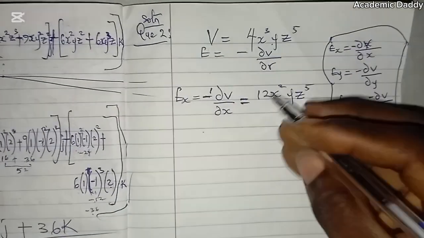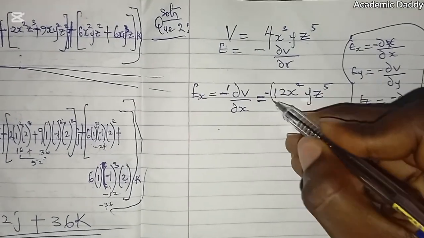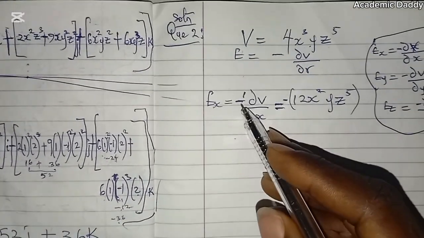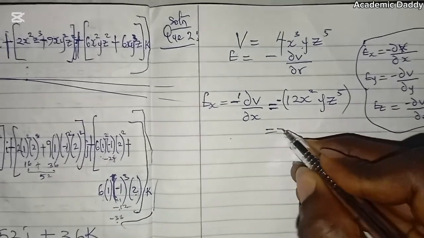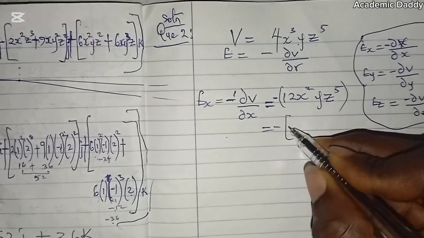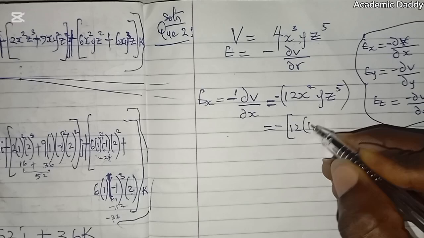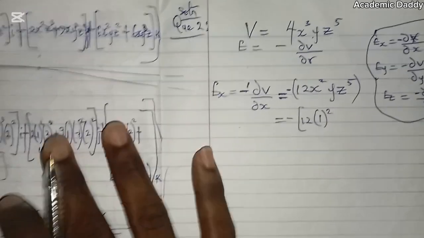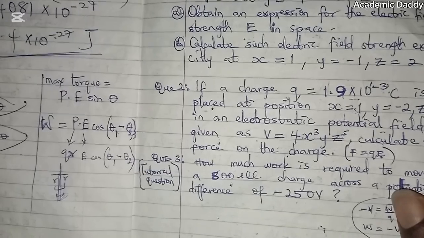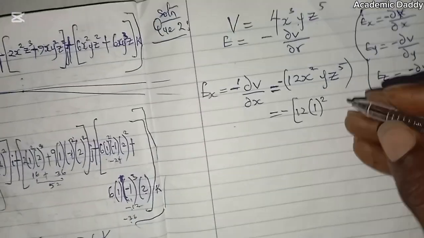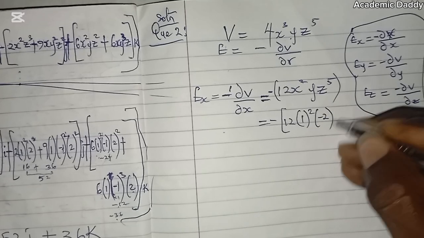So since x is 1, remember that everything here is always carrying a negative sign. Then negative 12, x is 1 squared. Y in the question is minus 2. Z is 3. Minus 2.